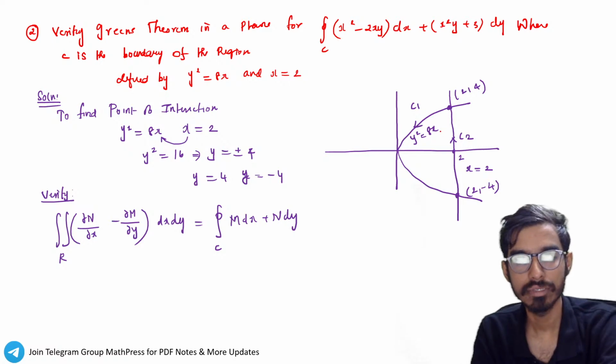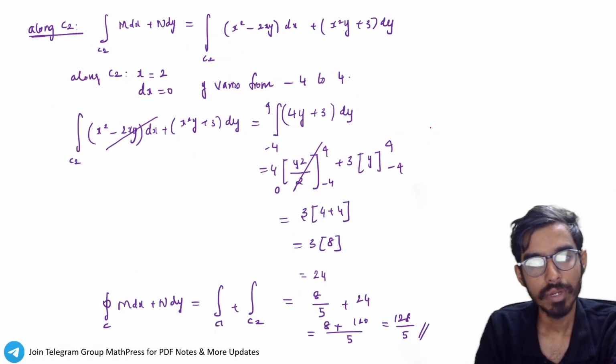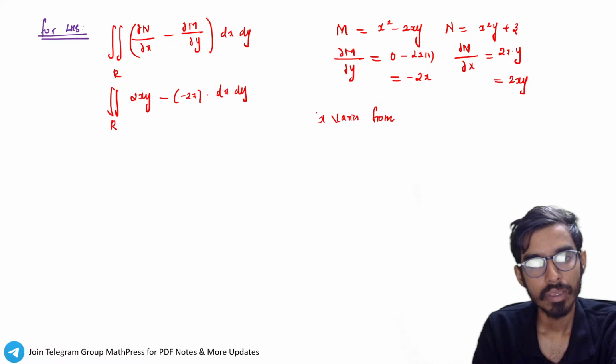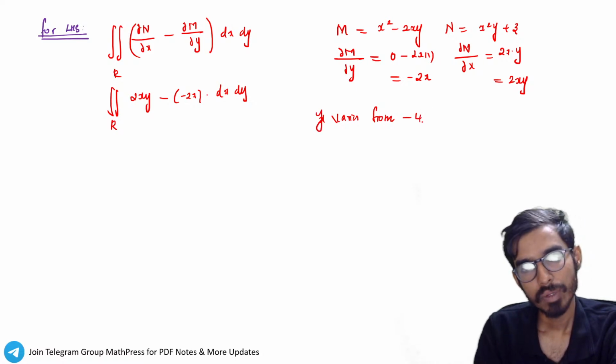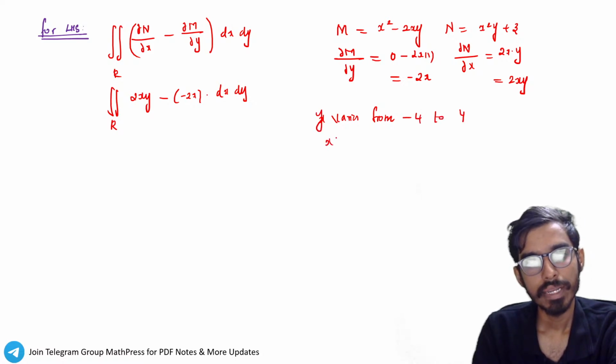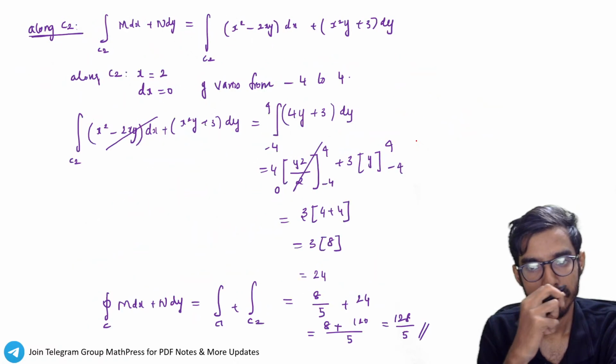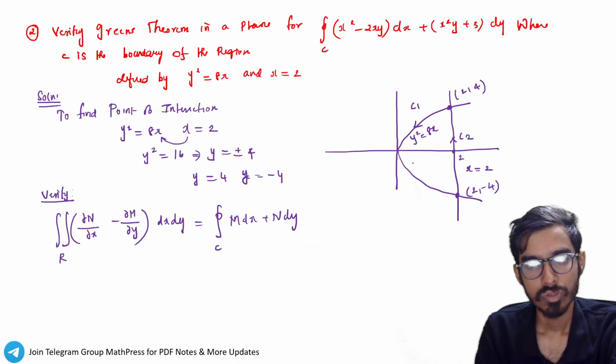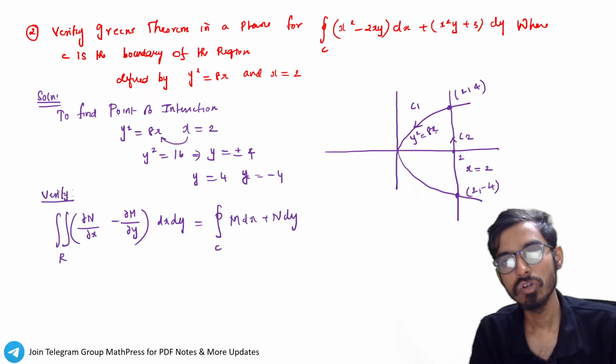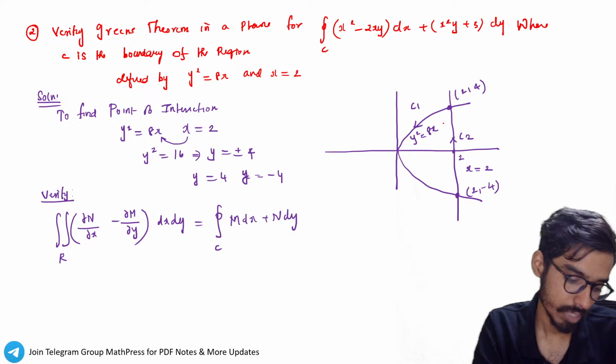You can also do it like that. So here I'm going to vary y from minus 4 to 4, and x varies from 0 to y square by 8, right?